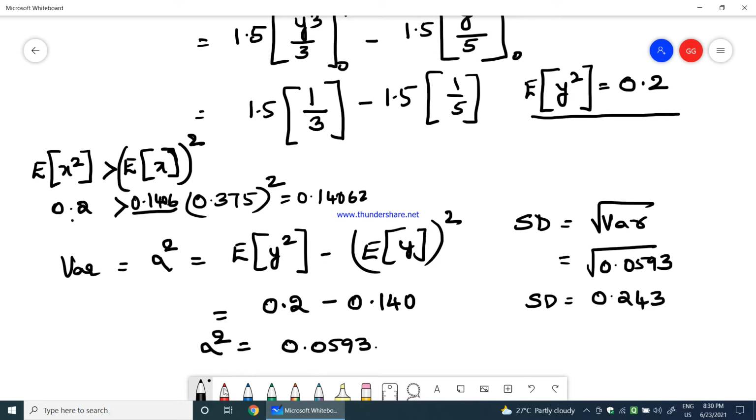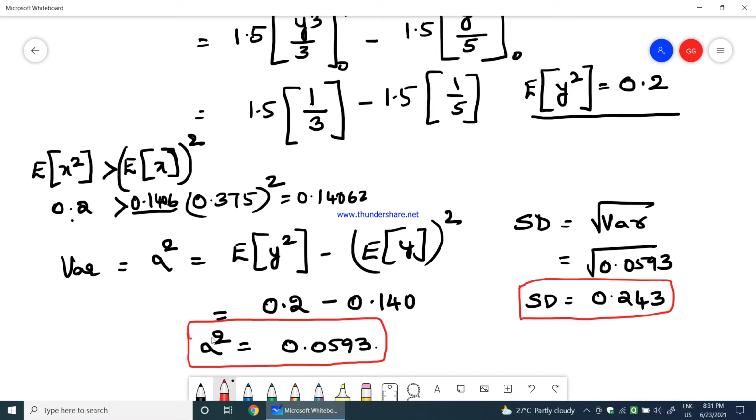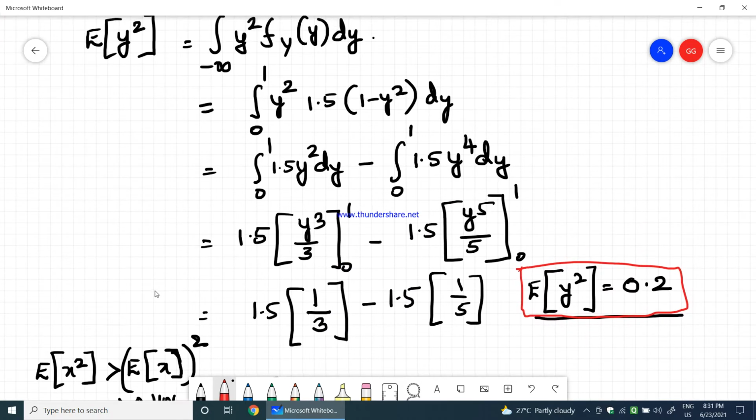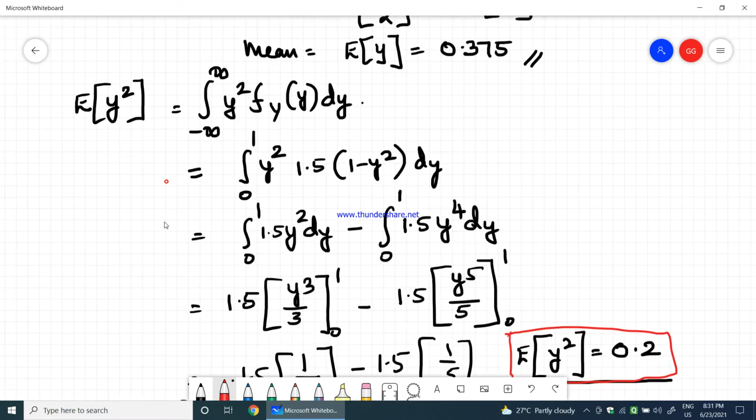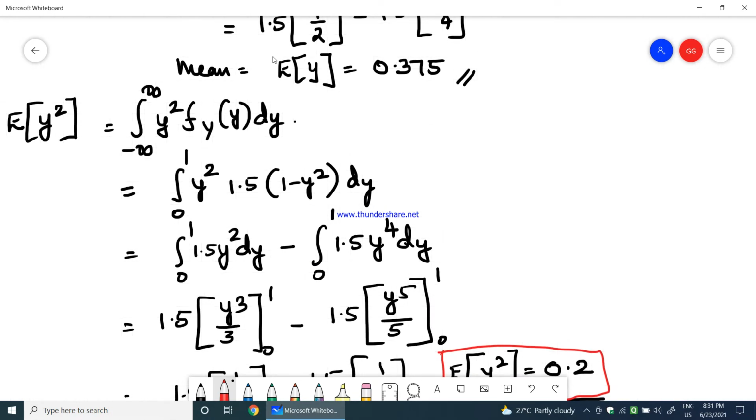So these are the solutions that you get for this particular problem. Standard deviation was not asked, but I told you how to find it out. Variance, and this is my second moment, which is E of y square, the mean of square. Then I have the value of mean for this particular problem. So the solution for this problem is completely found.